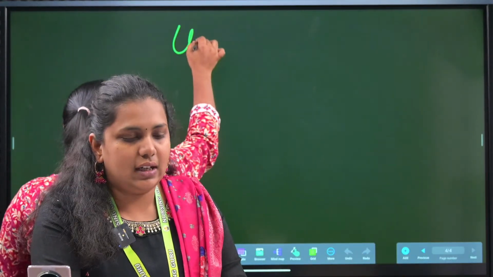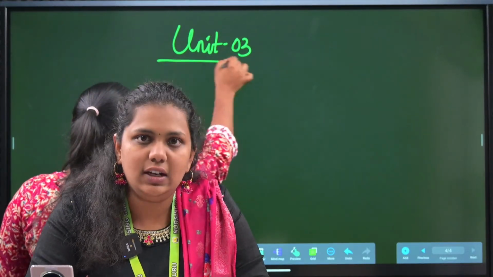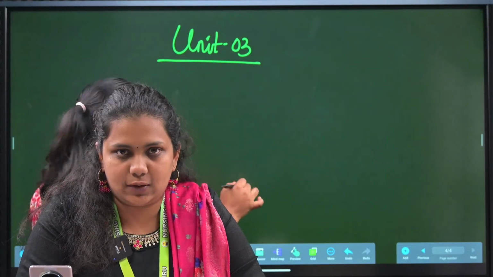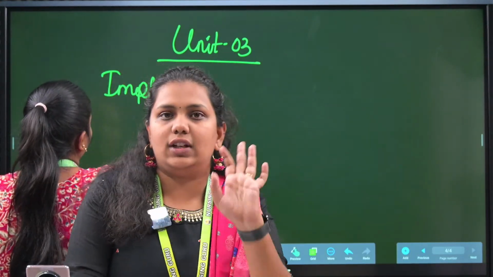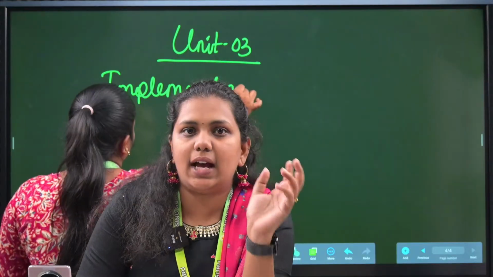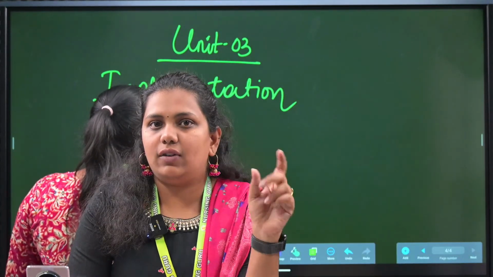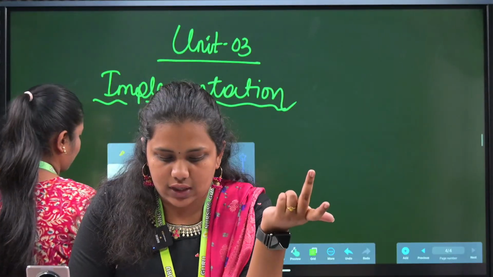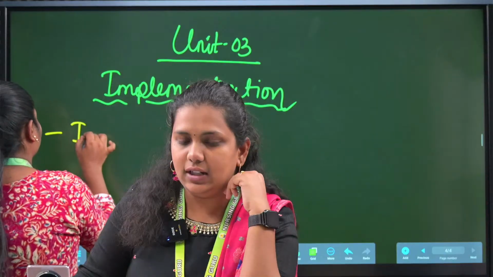Here in classroom communication, what are the principles of classroom communication? Then what are the barriers of classroom communication? Then information communication technology, ICT. Okay, they will be asking what is ICT or expand ICT. It is information communication technology. This also you should study.